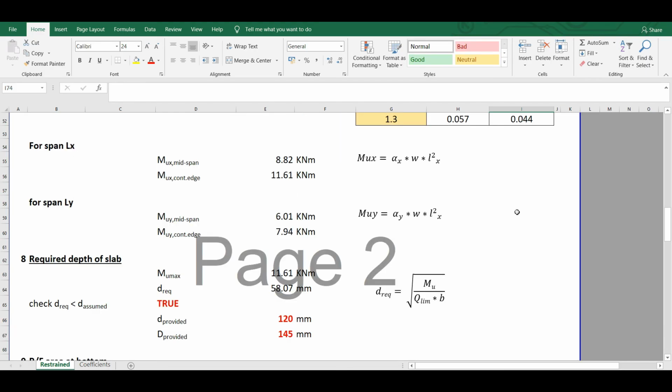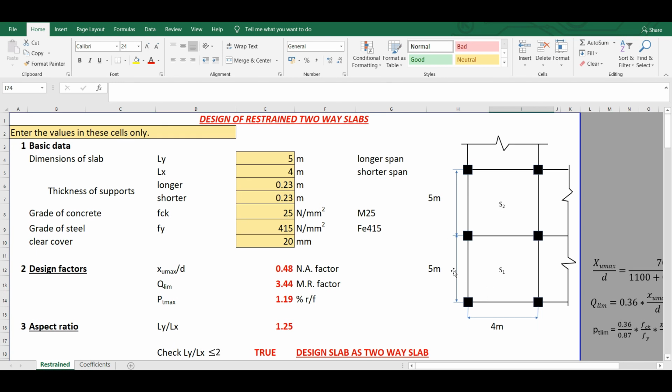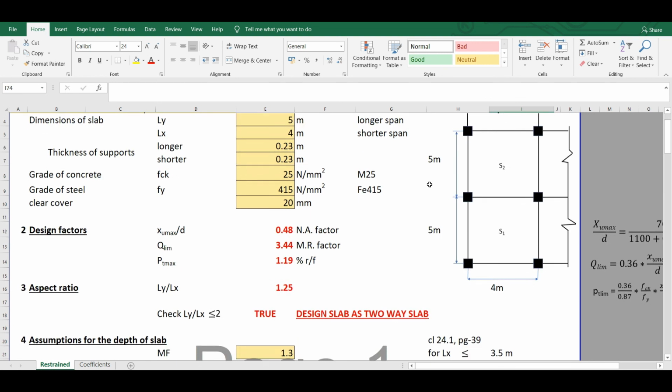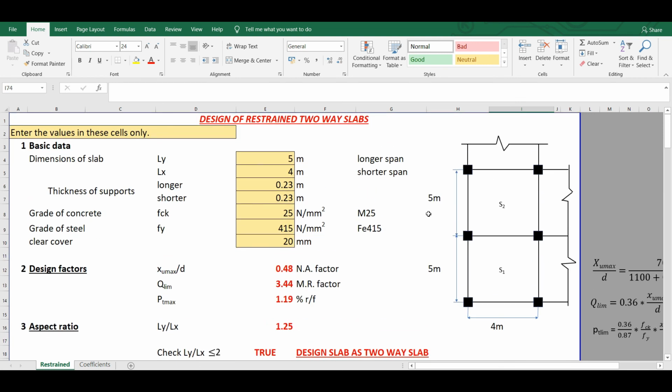That was the slab panel S1, in which 2 adjacent edges are discontinuous. Now in order to design the slab panel S2, first of all we will check the type of panel. Here in the slab S2, the upper edge is continuous, the right side edge is continuous and the lower edge is also continuous. So the left edge, which is the longer edge, is discontinuous. So the slab panel S2 has one longer edge discontinuous.